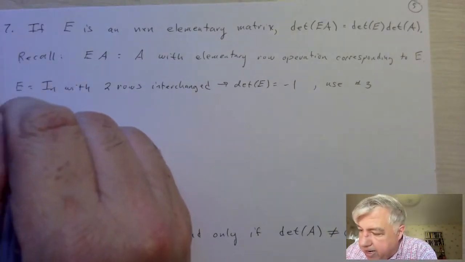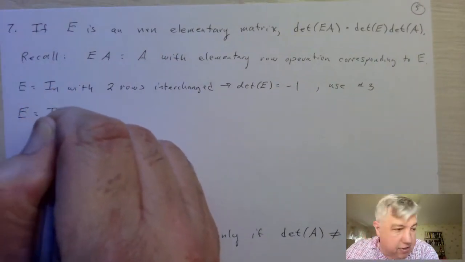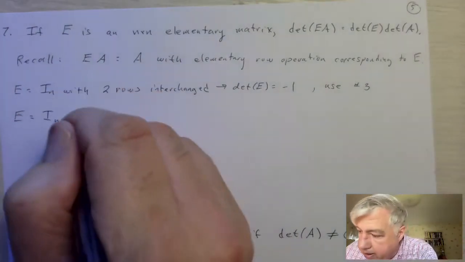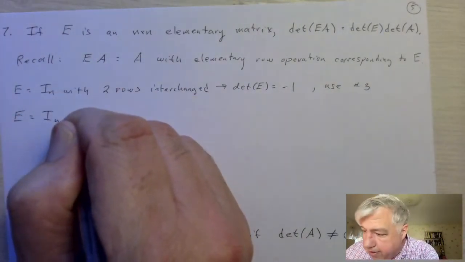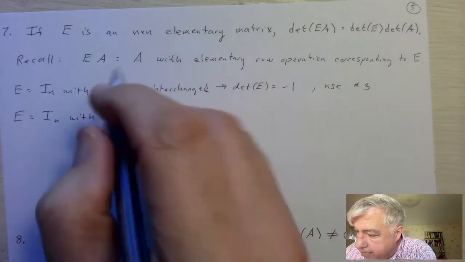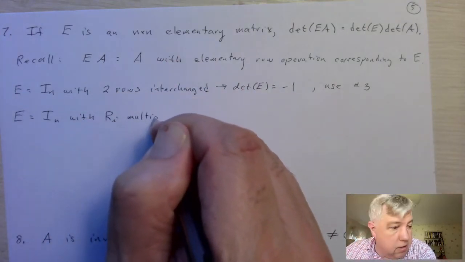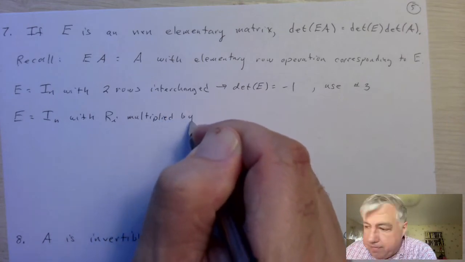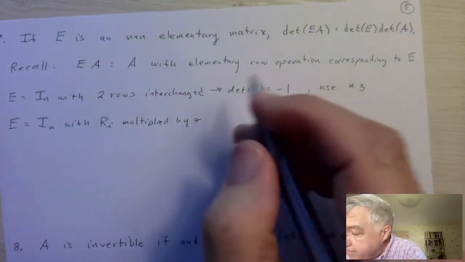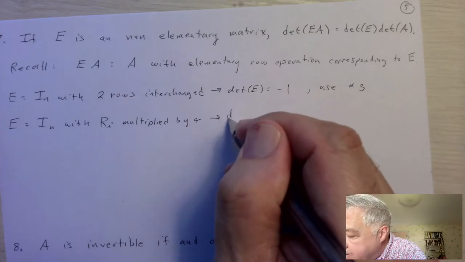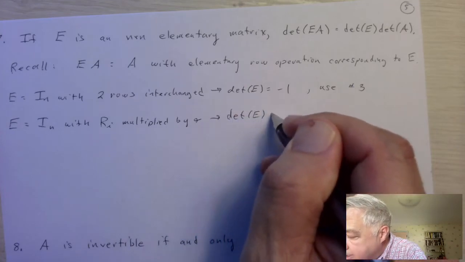In the case where E is the identity matrix with row i multiplied by alpha, then in this case the determinant of E is going to be alpha.